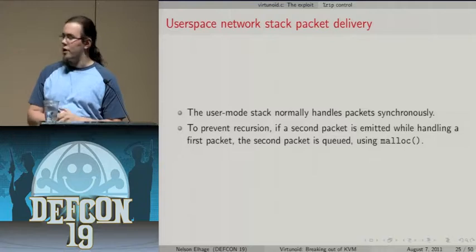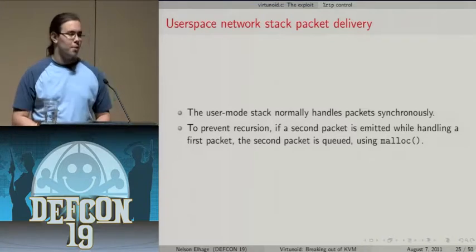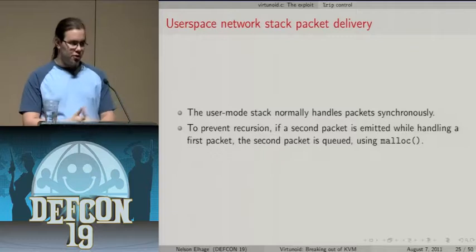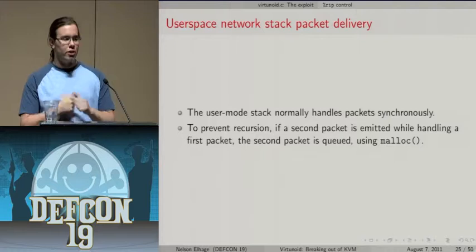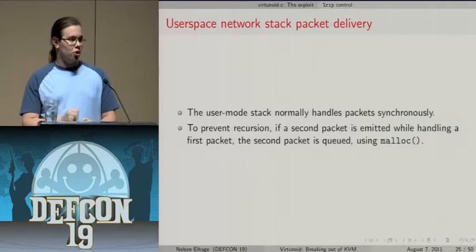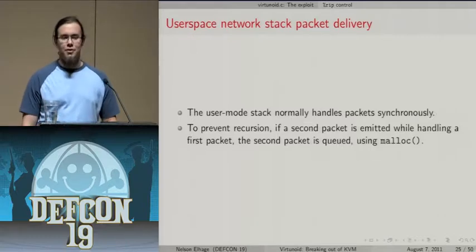So if we can find a device on the virtual LAN that responds to packets from the user by synchronously generating a second packet whose contents are all or almost all controlled by the contents of the first packet, then that will generate a malloc with controlled contents.